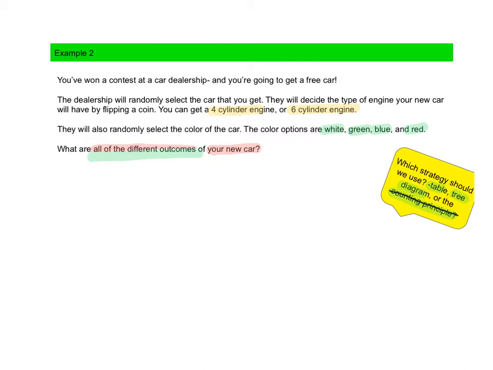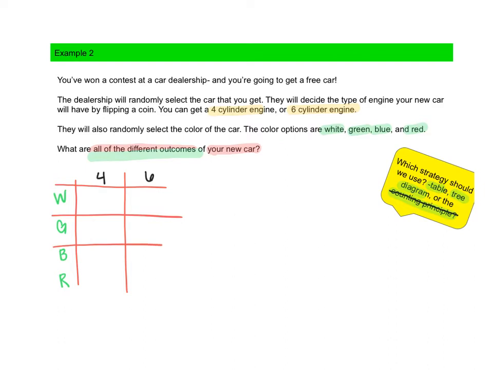So the first one is our table. We have a 4-cylinder and a 6-cylinder as one of our options. And then our color options are white, green, blue, and red. So we can either get a 4-cylinder car with a white color, or we can get a 6-cylinder car that's white.